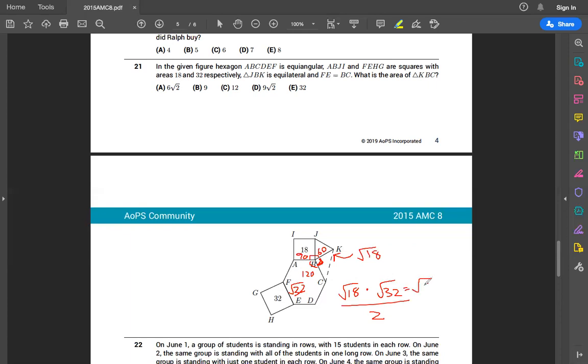I'll rewrite that. So we can just rearrange within the square roots, right? We get 3 times 8 over 2. And that's equal to 12.